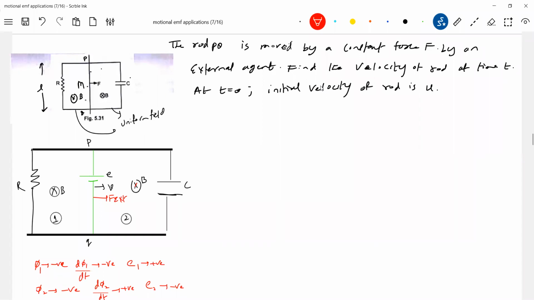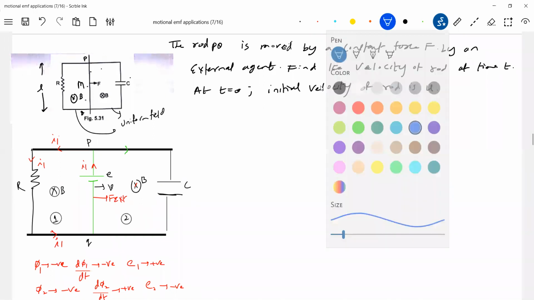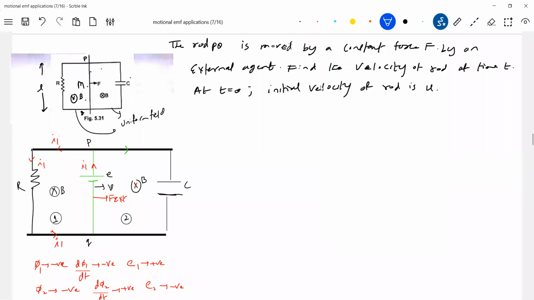So the induced currents due to the individual loops should be in opposite directions, clockwise and anti-clockwise. First I'll trace it out. This will be I1. Now what about I2? The I2 will flow in this direction, clockwise.